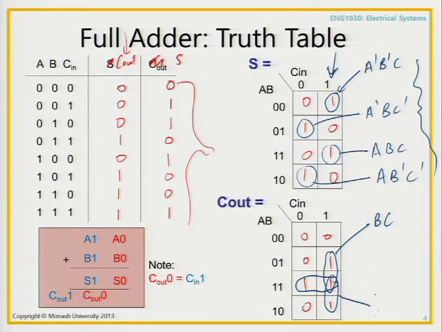What's this one? A and C. And what's this one? AB. Okay. So now we've got the table for carry out simplified.